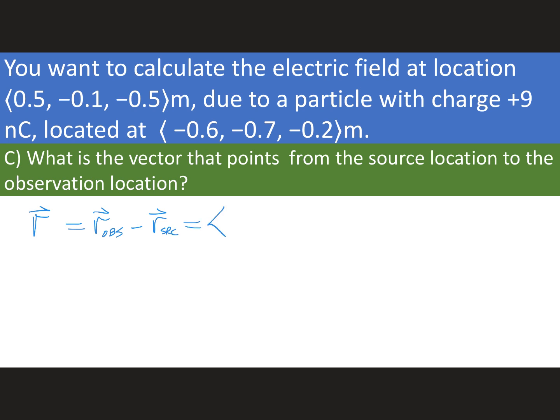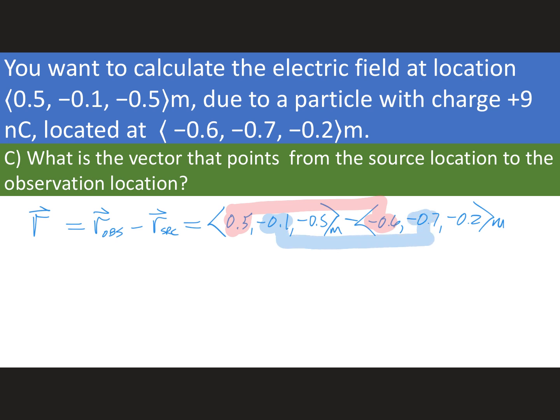And so we're going to have that first vector minus that second vector. It's meters. And so again, how does this work? It's parts to parts. You're going to subtract x parts, then you're going to subtract y parts, and then you're going to subtract the z parts.